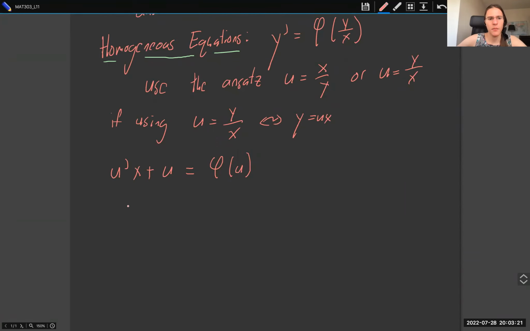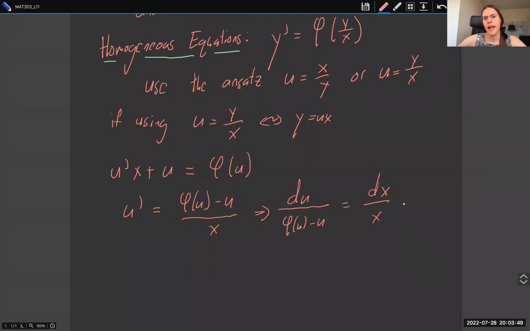Well, then I guess u prime is equal to phi of u minus u over x, which equivalently rearranges to du over phi of u minus u is equal to dx over x, and this is separable. Okay, so that's a homogeneous equation.